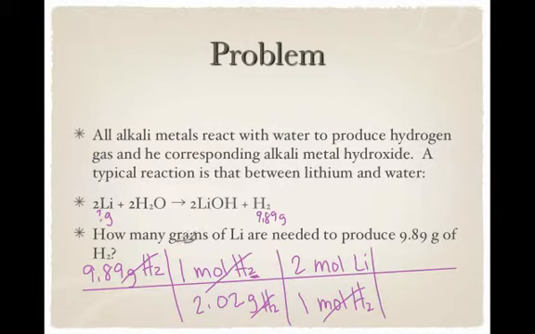And it is asking for grams. If it asks for moles, we could just stop there. But we need to convert this back into grams. So 1 mole of lithium, 6.94. These cancel.